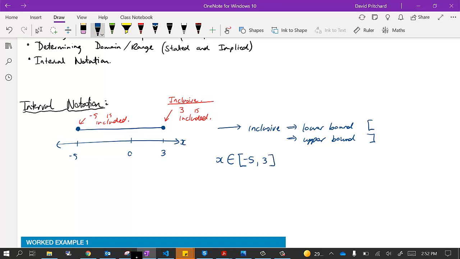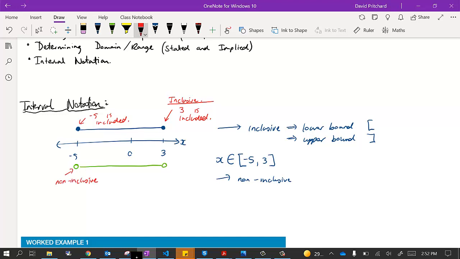If it is non-inclusive, that means it doesn't include the value. So if we're talking about the same scenario, let's put it in green. We've got -5 with an open circle up to 3 with an open circle, and the open circle means non-inclusive.